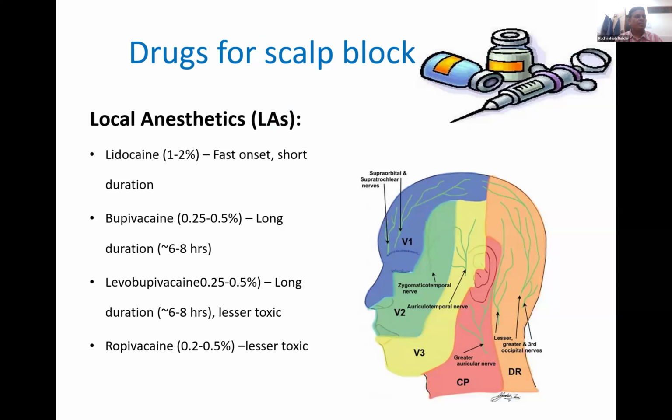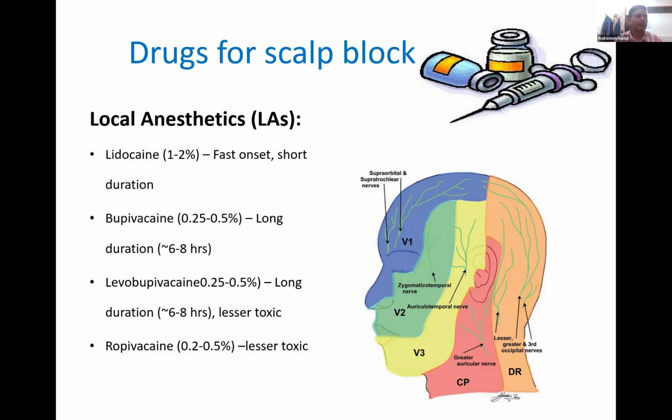So the nerves which supply the scalp need to be blocked, and nowadays mostly long-acting local anesthetics are used, like bupivacaine, levobupivacaine, and ropivacaine. These drugs are used alone or with adjuvants to prolong the duration. And since scalp block is a high volume block and requires around 30 to 40 ml of local anesthetic for infiltration, a maximum dose should be calculated and should not be exceeded, because the scalp is a highly vascular area.